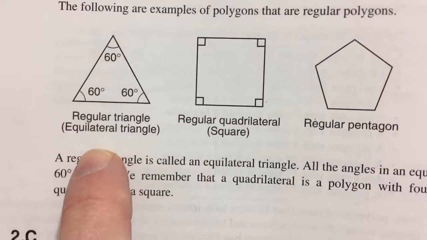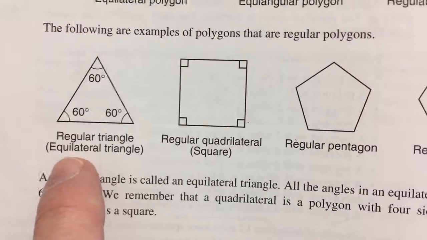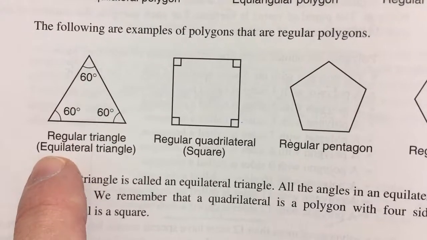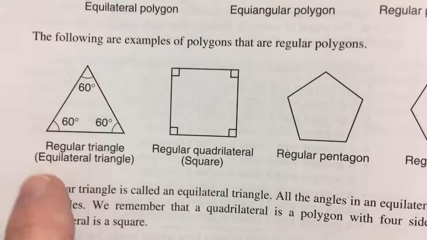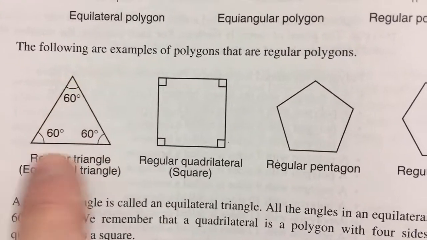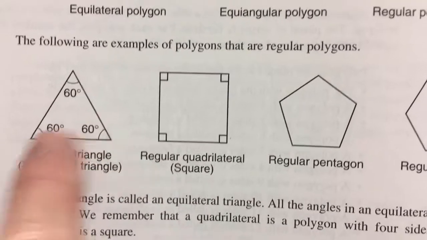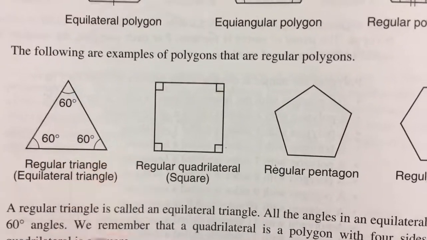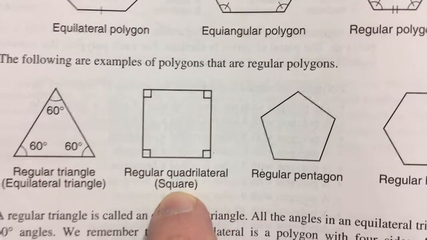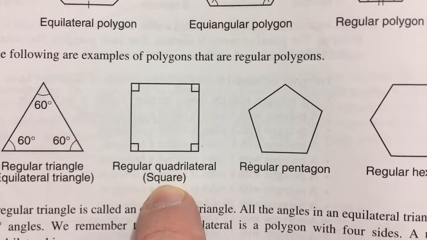Down here, we have some special names. A regular triangle is equilateral. We call an equilateral the regular, and we know that it's also got the 60 degrees. And then a regular quadrilateral is called a square.